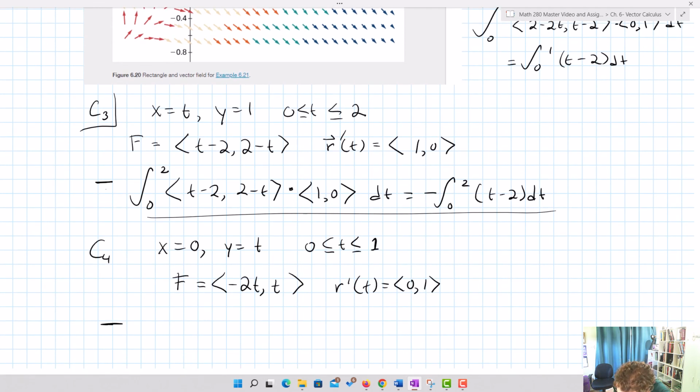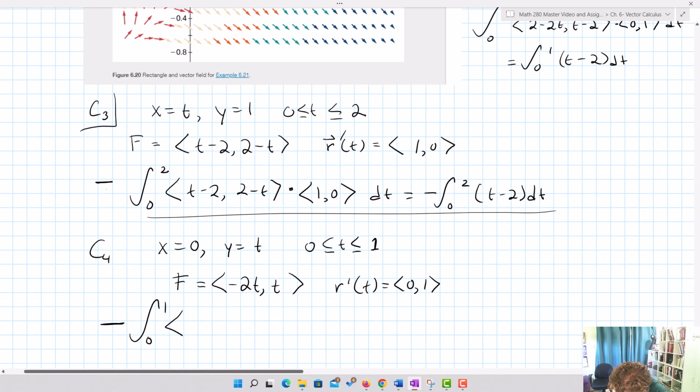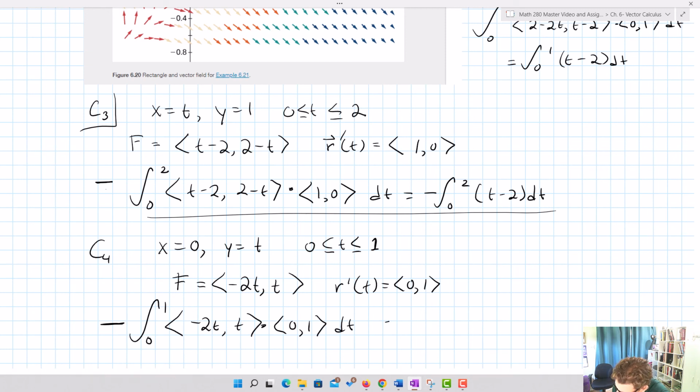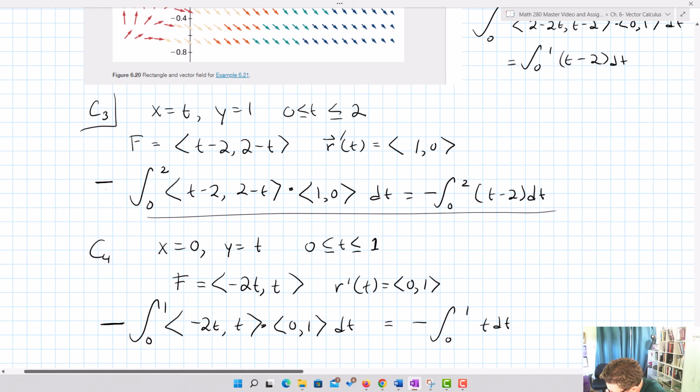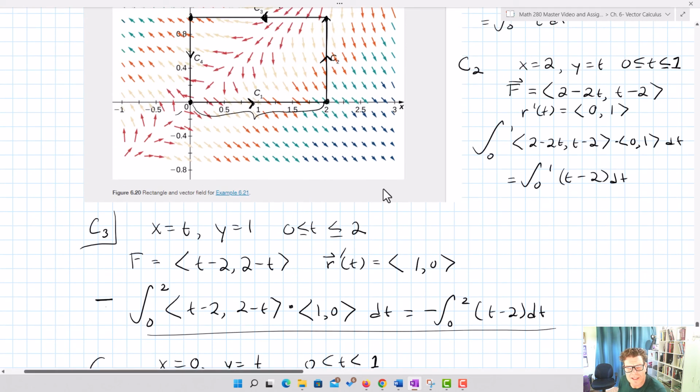So we're going to take the negative integral from 0 to 1 of negative 2t, t dot 0, 1 dt, which equals the negative of the integral from 0 to 1 of t dt. So those are the 4 line integrals along those lines in this force field.